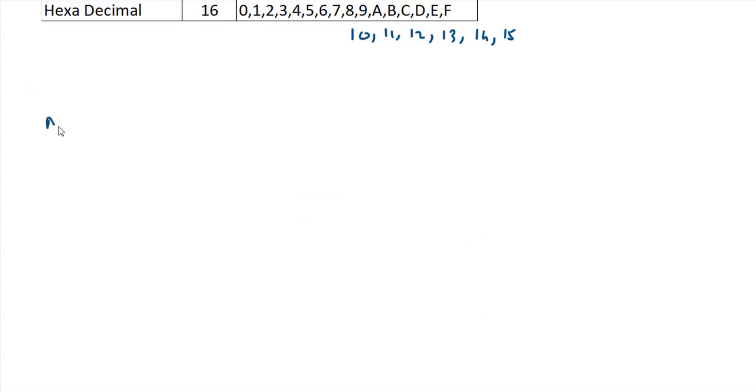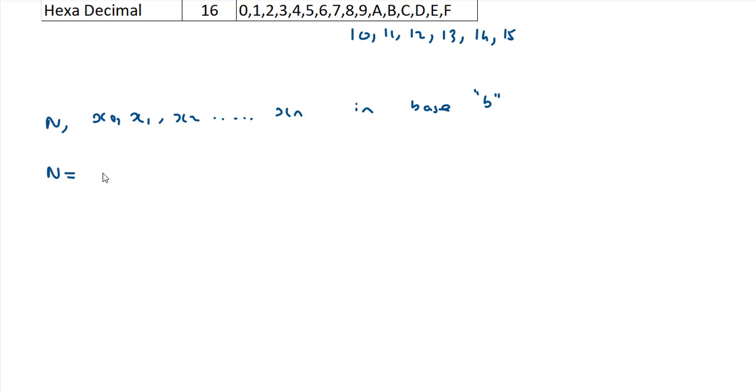Any number N which consists of digits x0, x1, x2 and so on up till xn in base B can be converted into its decimal equivalent by using this formula.